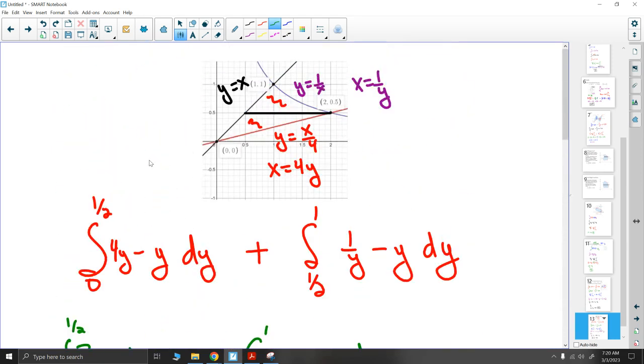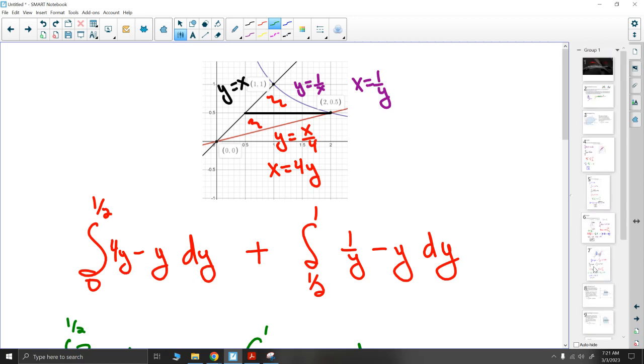But the end result is it doesn't matter whether we choose x or y, we just pick the easiest. Sometimes there is no easiest, but oftentimes one is better than the other. Whether it's x or y, all that matters is that we choose our variables appropriately.